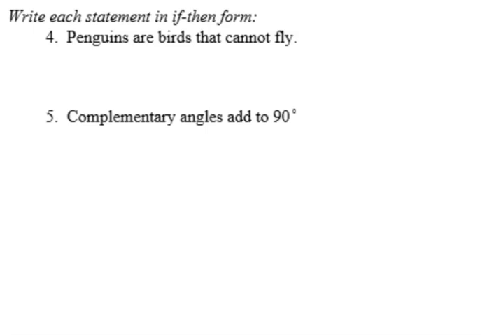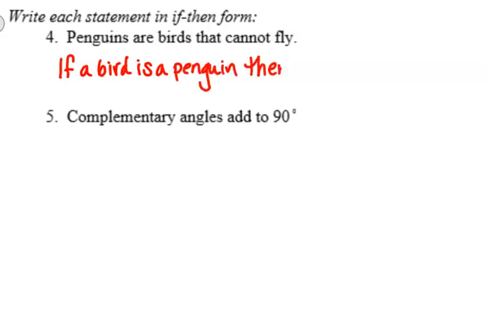Well, I don't want to question if penguins are birds. Penguins are birds. I'm not questioning that. The question is, if the bird you have is a penguin, so to speak, then that means it cannot fly. So penguins are birds that cannot fly, I could write as if a bird is a penguin, then it cannot fly.